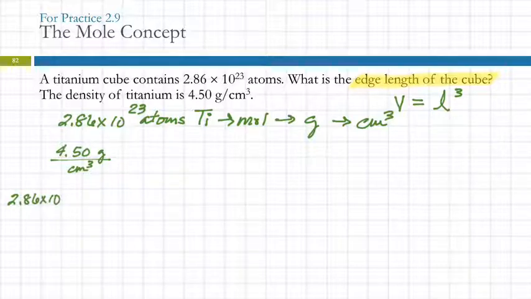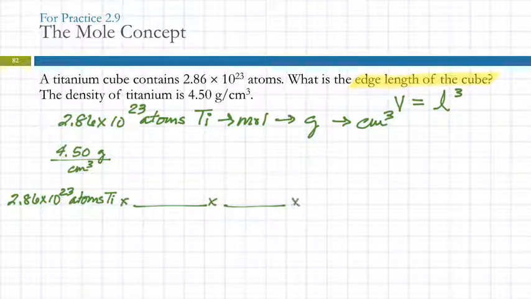2.86 times 10 to the 23rd atoms of titanium times atoms, moles, grams, cubic centimeters.